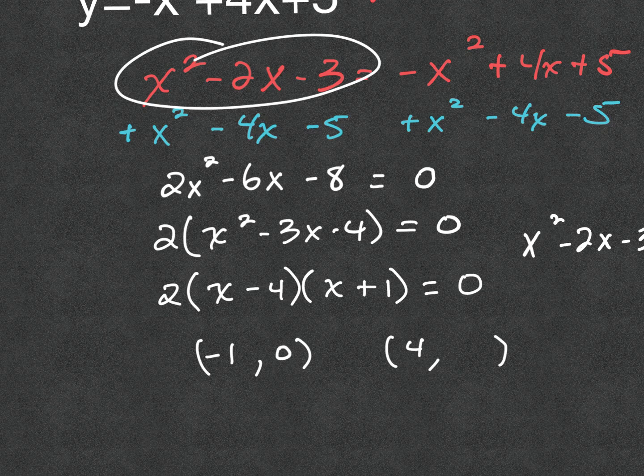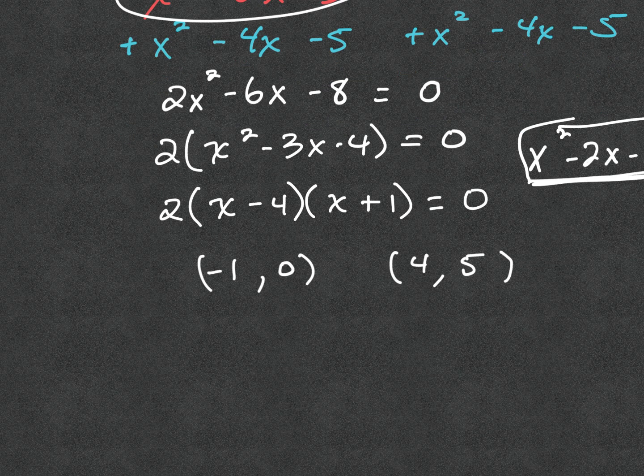When I put a 4, I'm going to get a 5, right? Negative 1 squared minus 2 times negative 1 minus 3 is equal to 0. And when I put a 4, I get 5. 4 squared minus 2 times 4 minus 3 is equal to 5.